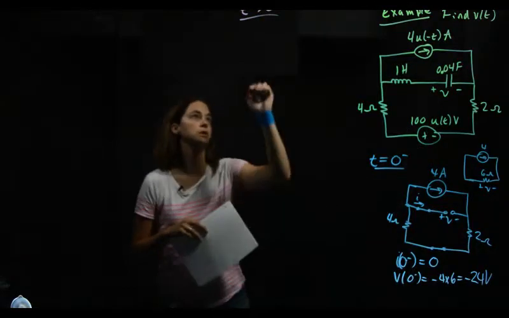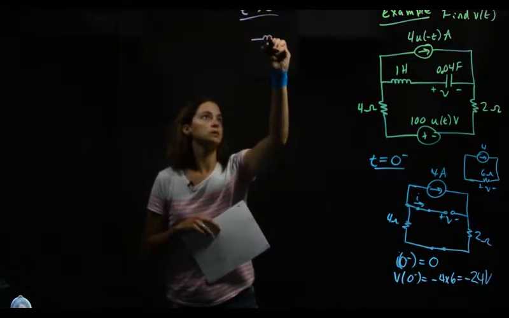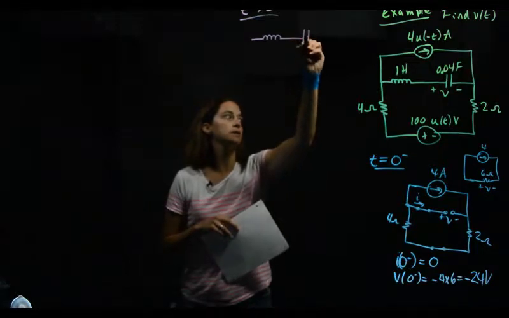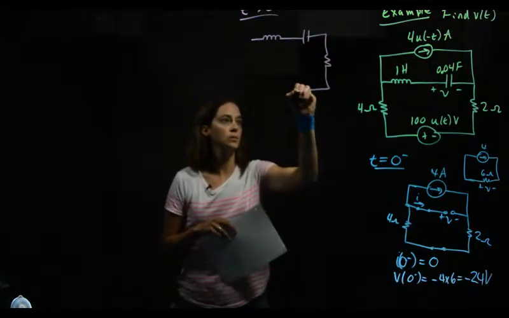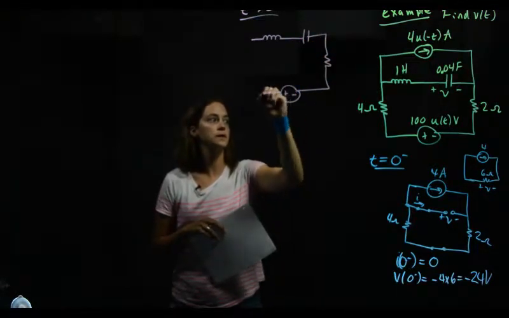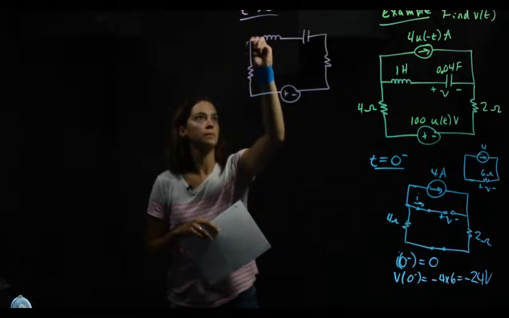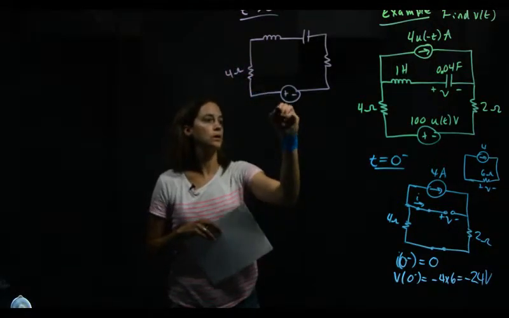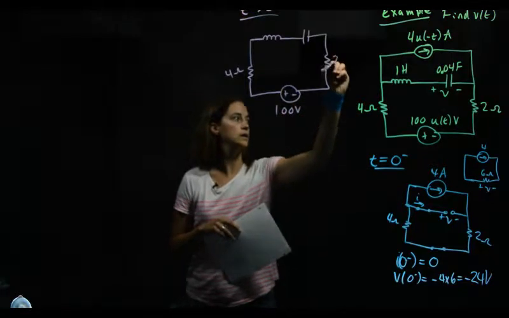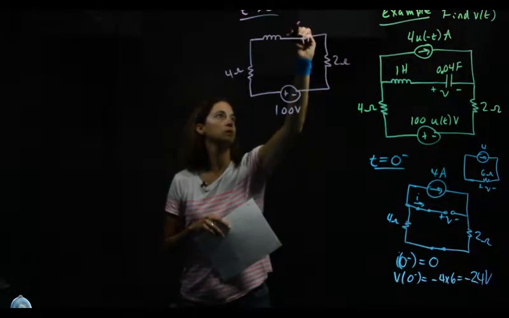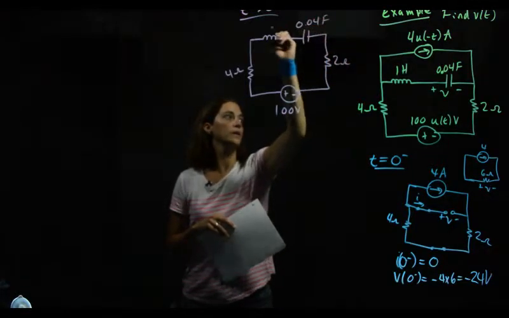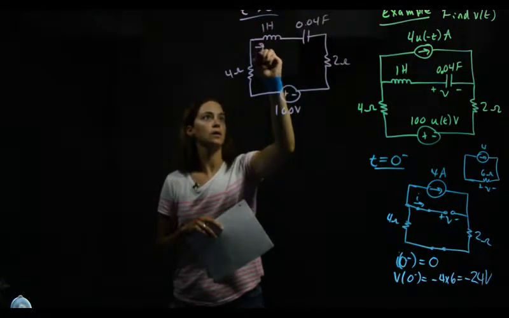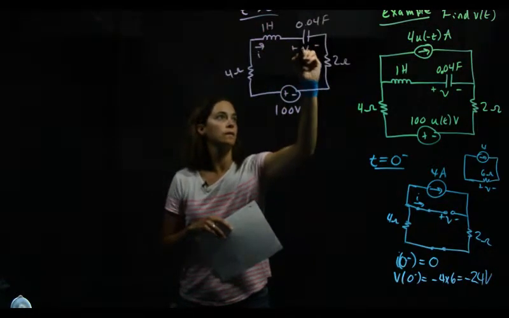have a 100-volt source. So just after 0, we have this circuit here for 100 to 1 Henry current voltage.